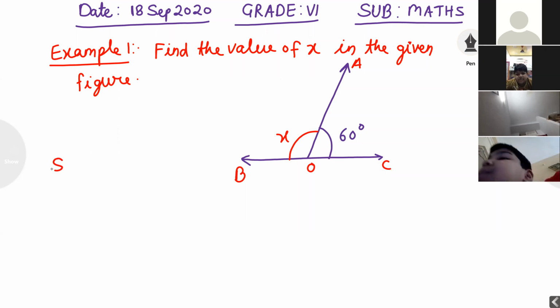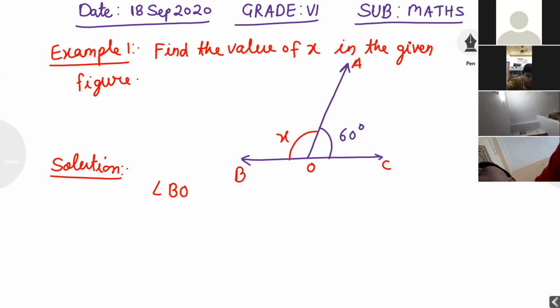Solution. Angle BOA plus angle COA is equal to 180 degrees. Why?